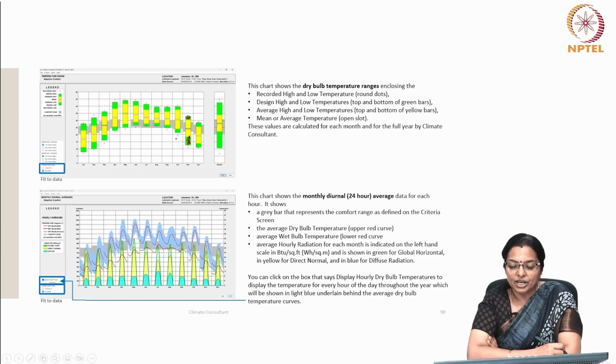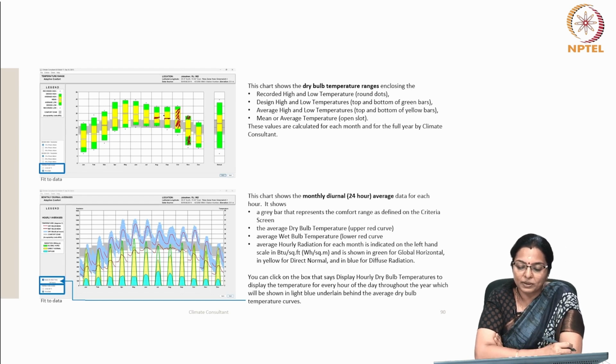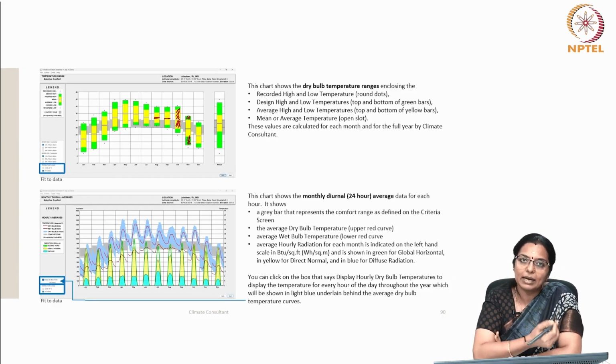The average high and low temperatures are shown with the top and bottom yellow bars. The mean or average temperature is shown with the open slot in between. These values are calculated for each month and for the full year by Climate Consultant.